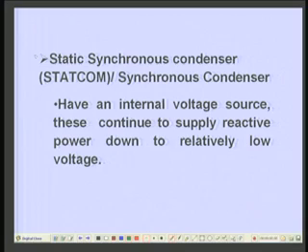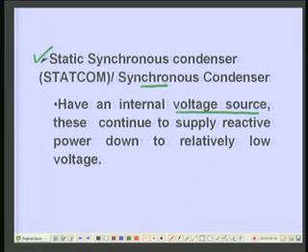Then another device is the static synchronous condenser, the STATCOM, and the synchronous condenser. Now, the characteristic of synchronous condensers and the characteristic of STATCOM are exactly identical, the only difference is one is a rotating device, one is a static device.